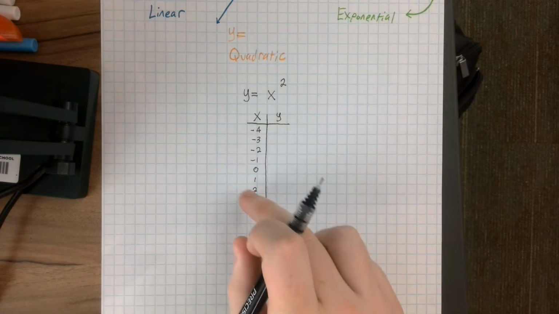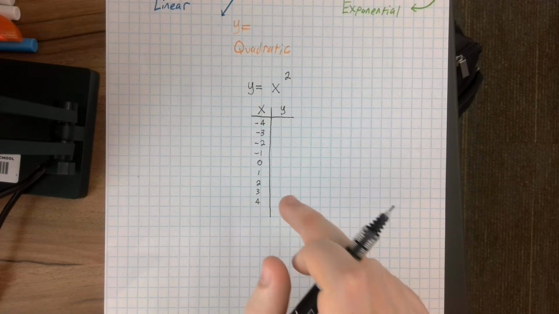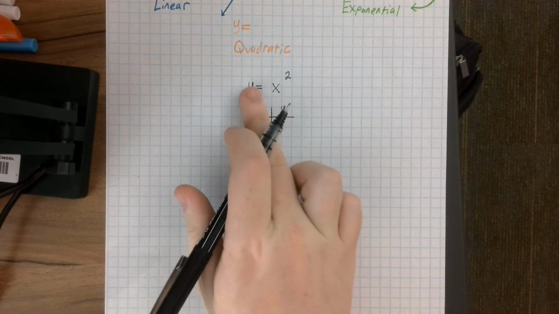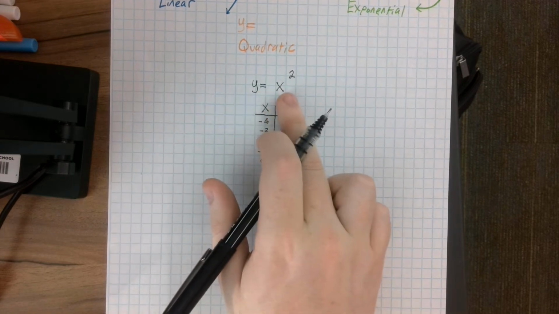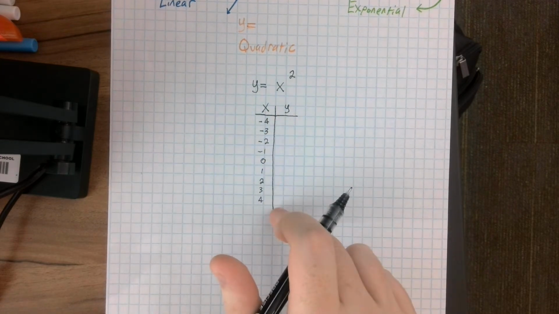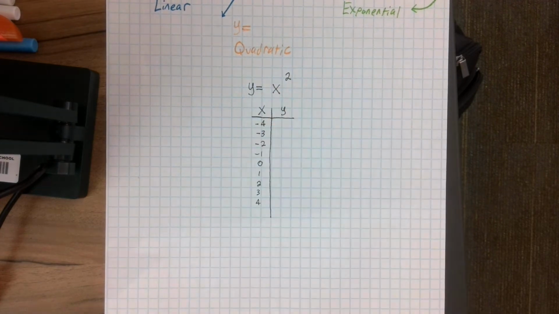But if we know the x values, how do we figure out our y values? Well, this is where we remember our equation. Our equation is that y will equal x squared. The thing we're looking for is equal to x squared.